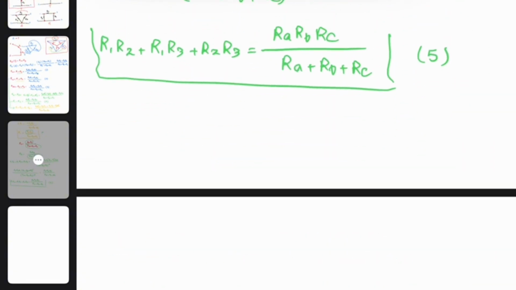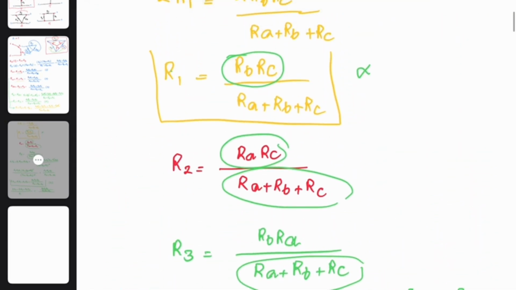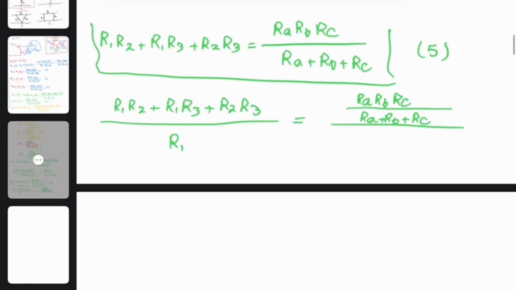If I divide this one by R1, the left hand side of my equation is R1 R2 plus R1 R3 plus R2 R3 over R1, which is equal to dividing Ra Rb Rc over Ra plus Rb plus Rc by the whole thing, Rb Rc over Ra plus Rb plus Rc.